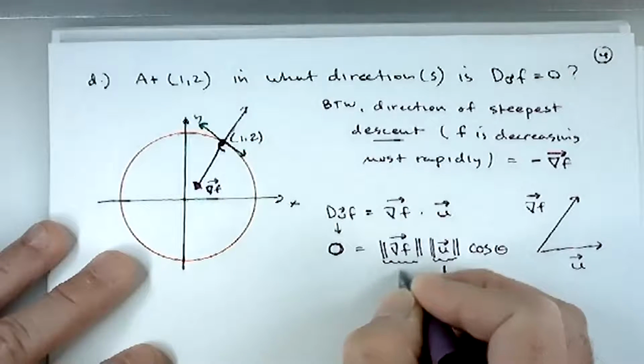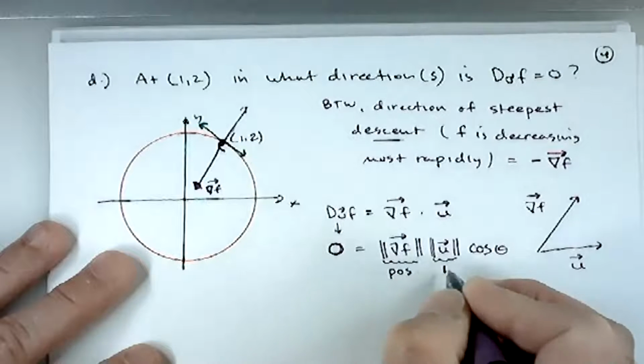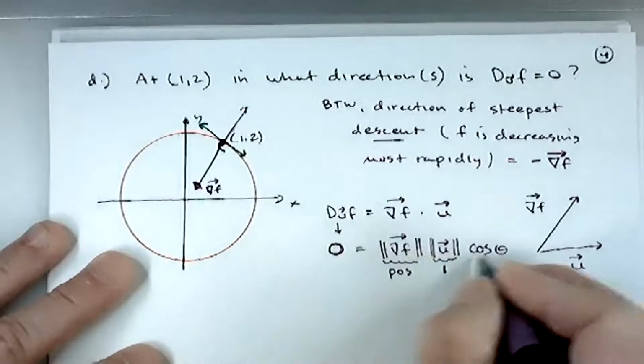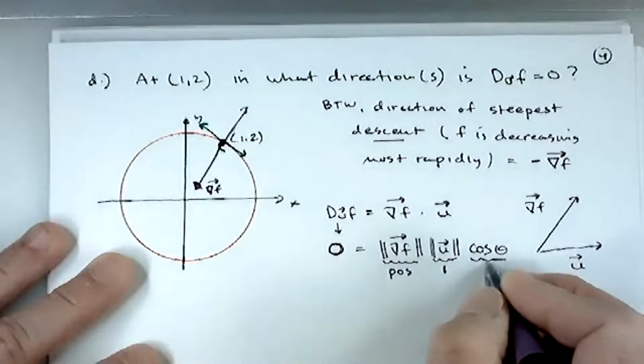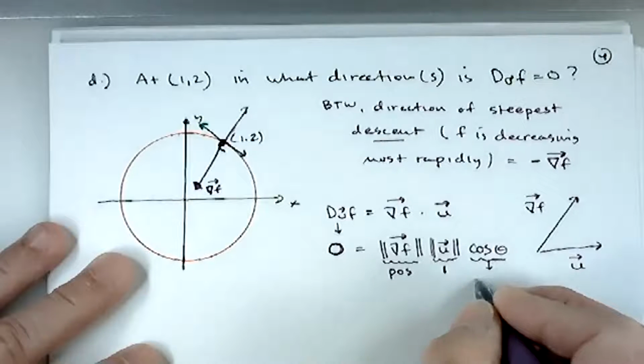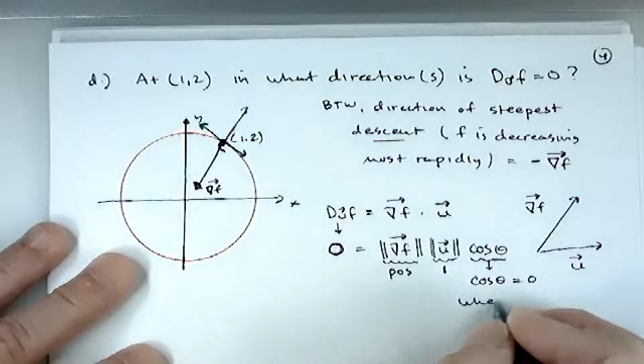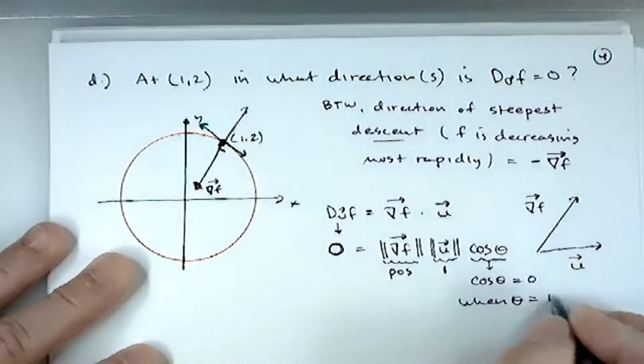This is going to be some positive number. So positive times 1. The only possible way this could come out to be 0 is if cosine theta equals 0. And when does that happen? That happens when theta is equal to pi over 2.